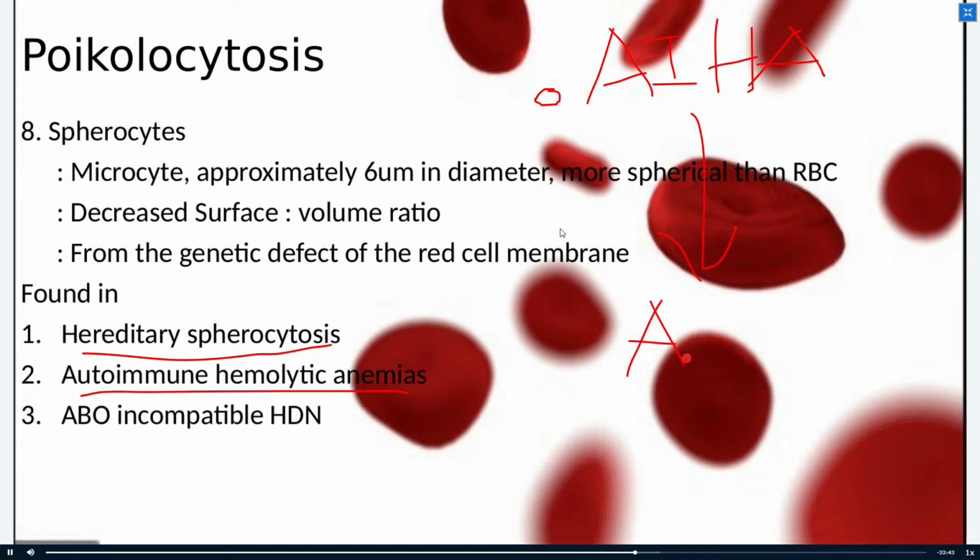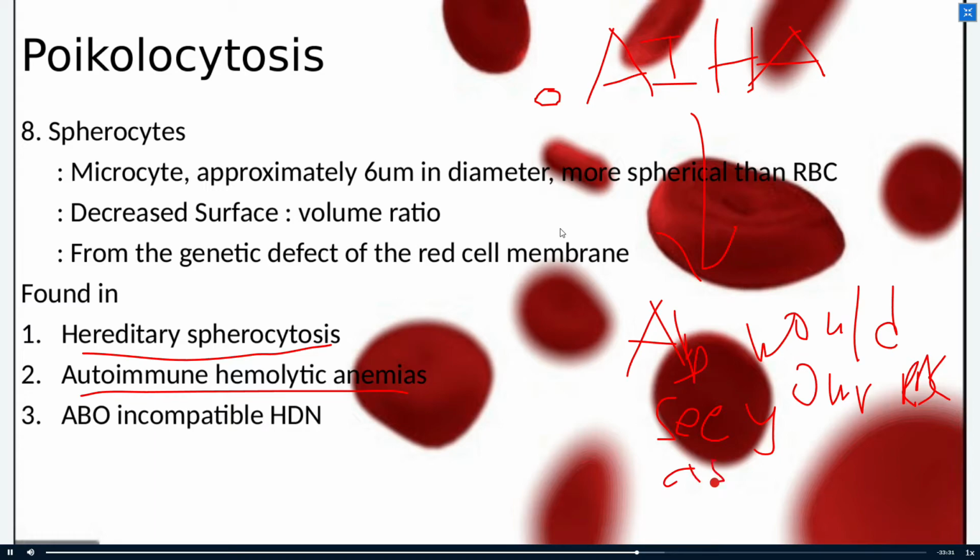Your antibodies would see your RBCs as foreign cells, thus attacking them, leading to autoimmune hemolytic anemia.